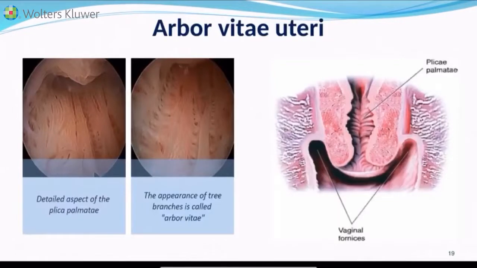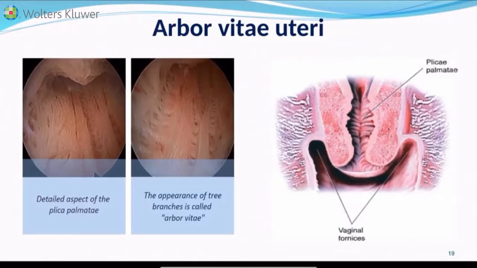Arbor vitae uteri is a term given to the branching pattern of the cervical canal in the uterus. In the picture on the right side you can make out the cervical canal, labeled as plicae palmatae. Plicae palmatae is nothing but the branching pattern of the cervical canal, also known as arbor vitae uteri. Tree of life pattern of the cervical canal of uterus.